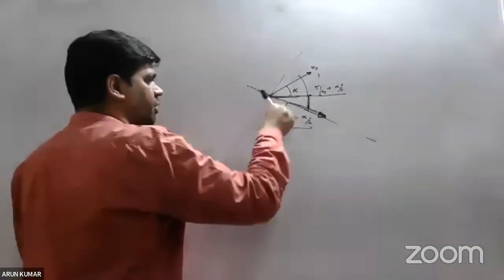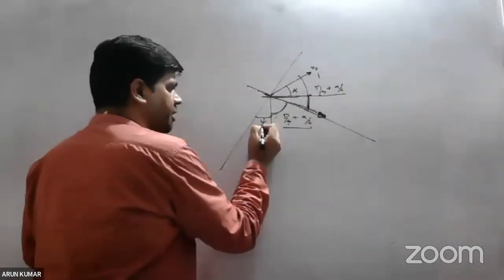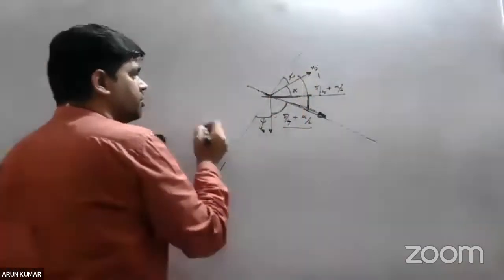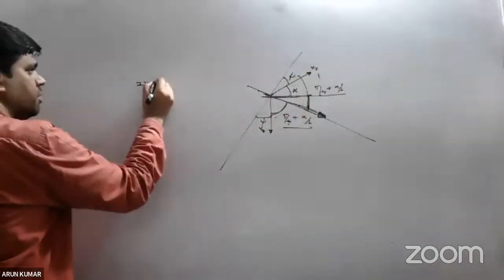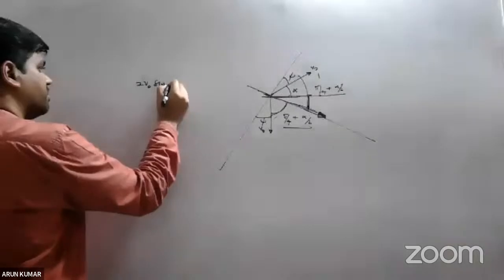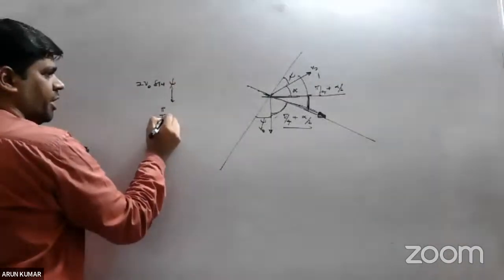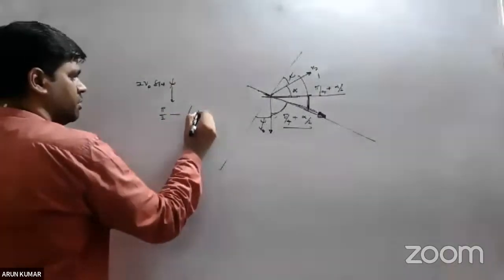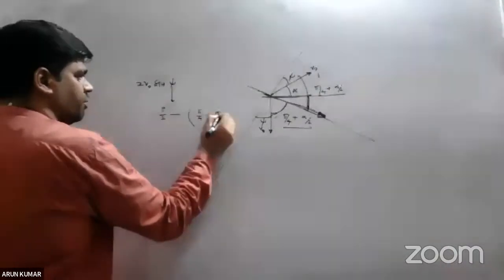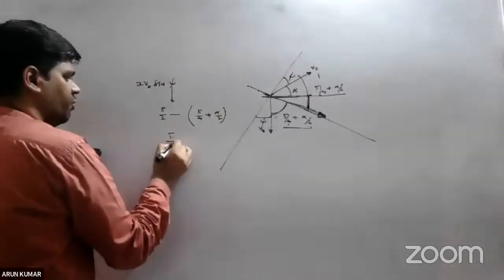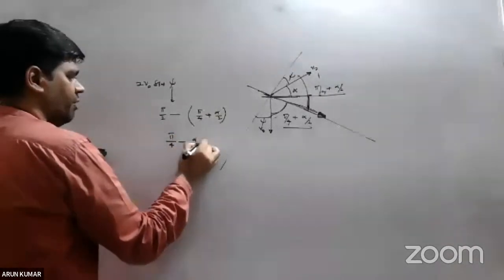I want the component of V naught along this one. Let this be psi. So this is nothing but 2 V naught sin psi. But what is psi? Pi by 2 minus pi by 4 plus alpha by 2, which is nothing but pi by 4 minus alpha by 2.